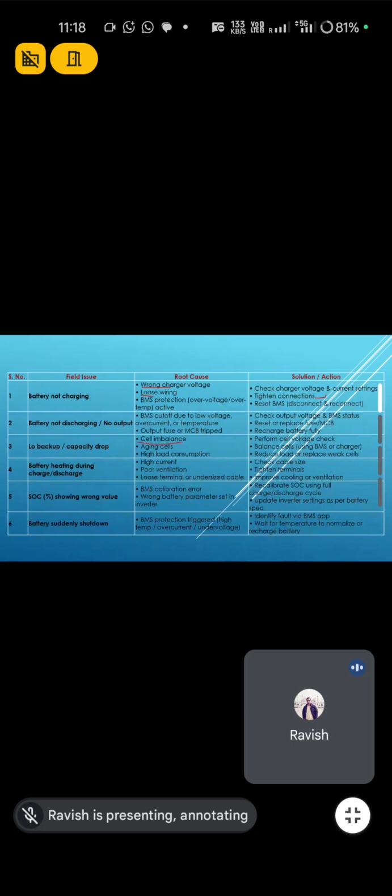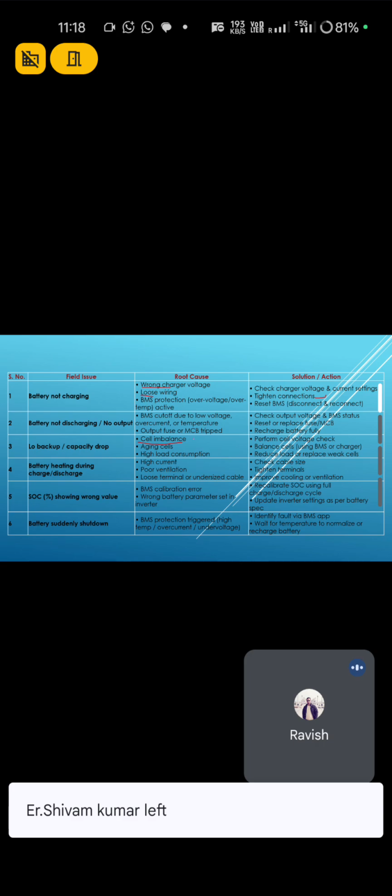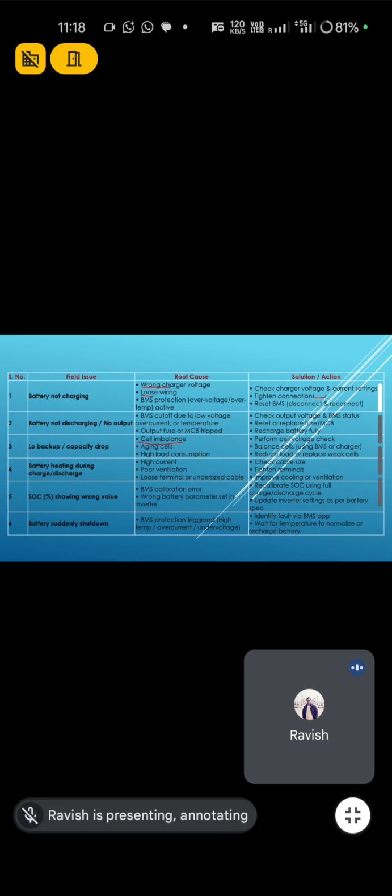If there is low backup or capacity drop, then you have to check the cell imbalance. If the cell voltage is properly balanced, then your battery will give the proper backup.